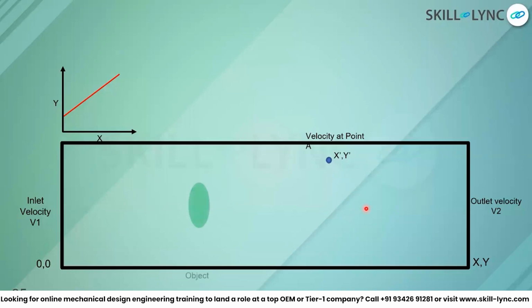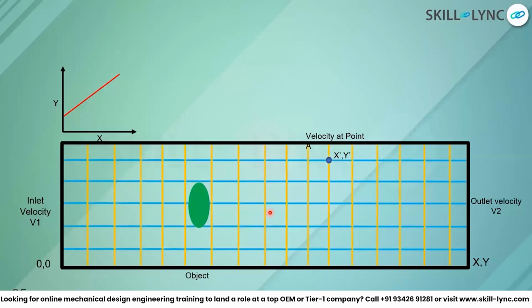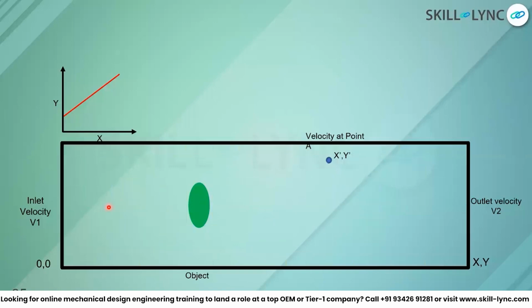But what if I insert an object in this, and now I want to study what difference comes in the velocity at point A? In fact, now the flow is hitting this object, and the velocity here will not be linear at all.